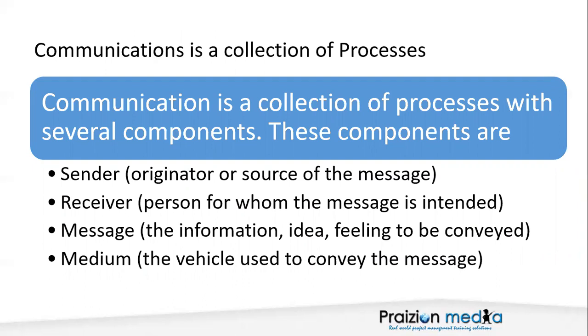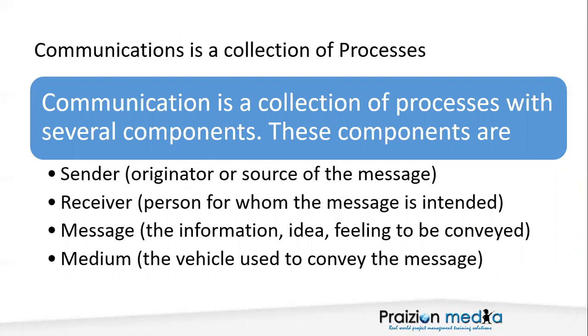Communication is a collection of processes within several components. These components are sender, the originator or source of the message; receiver, the person for whom the message is intended; message, the information or idea, feeling to be conveyed; and medium, the vehicle used to convey the message.